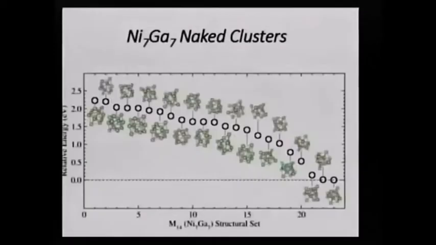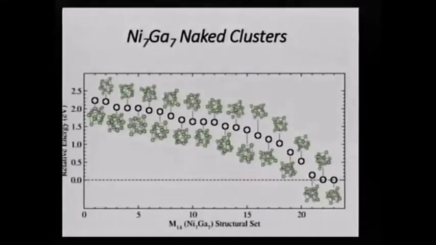Initially we obtain this kind of relative energy surface, and we can see that for M14 nickel 7 gallium 7, we reach the lowest energy configuration with the gallium atoms on the outermost sides of the clusters. As we raise the energy, the nickel atoms go outside of the clusters.